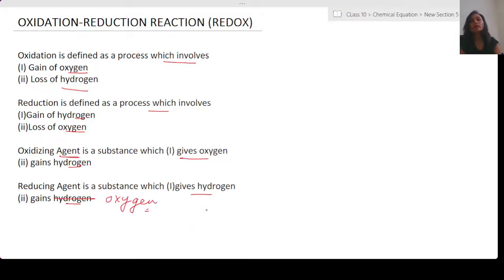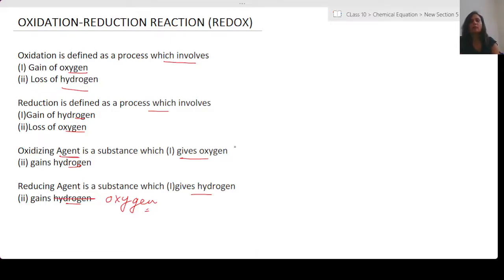Now we can also say the same thing, that if you are seeing that this compound is undergoing the oxidation reaction, that will be a reducing agent. And if you are seeing that a compound is undergoing the reduction reaction, then that particular compound will become the oxidizing agent.